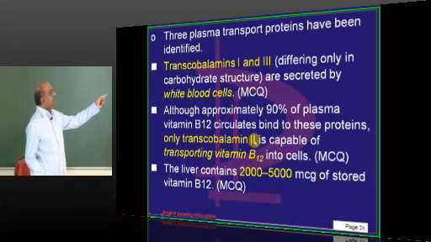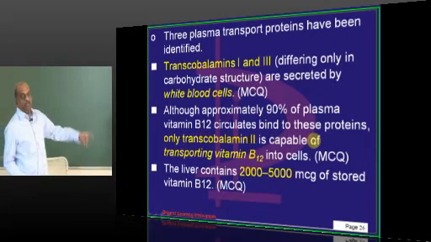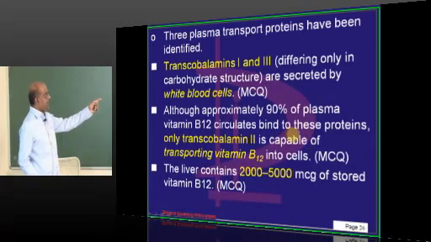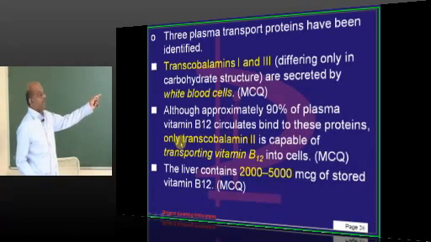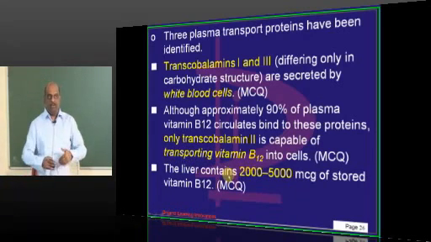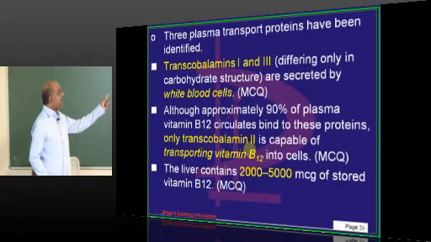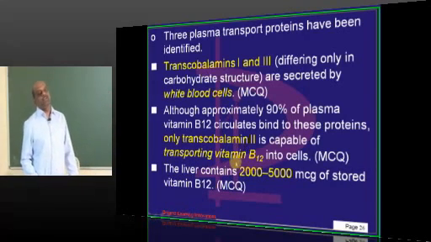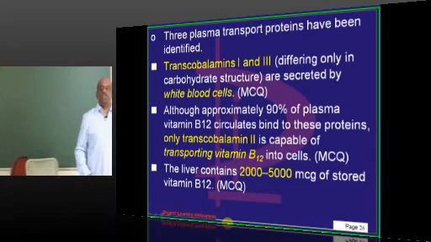Then out of all this, around 90% of the plasma vitamin B12 will be binding to these transcobalamins. Which transcobalamin is capable of transporting the vitamin B12 into the cell, say RBC? It is transcobalamin 2, very, very important. How much will the liver store?